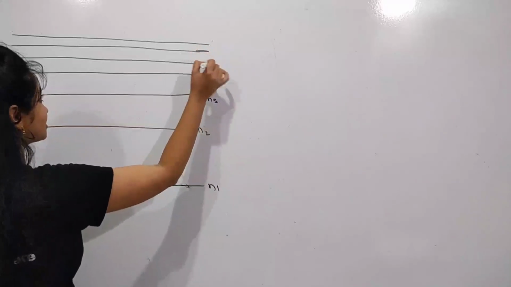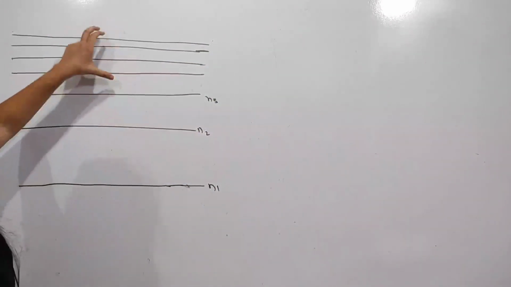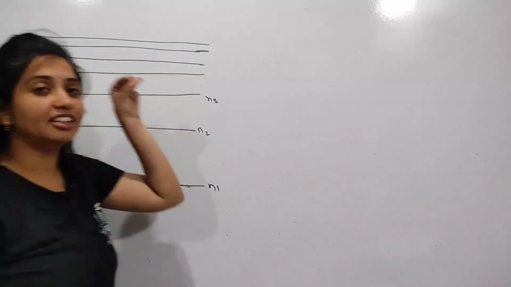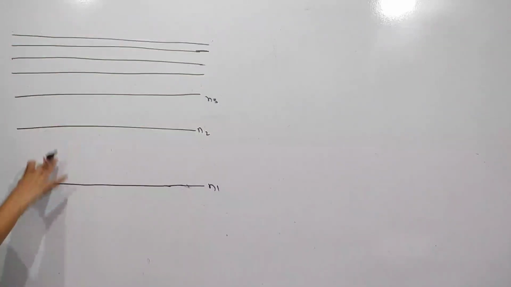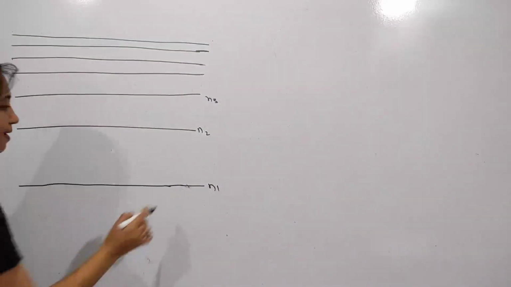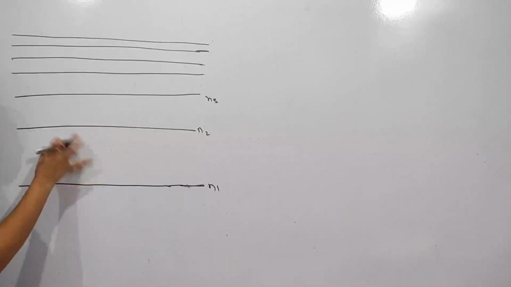As the number of the shell increases, the distance between shells decreases. Just remember it, because the difference between the energies is less here.